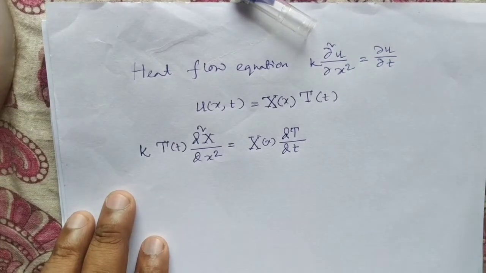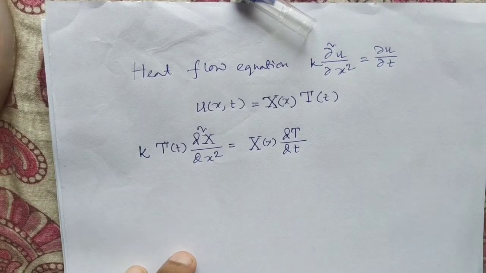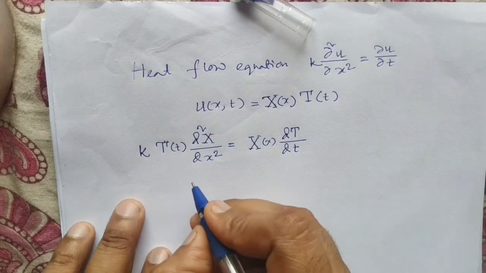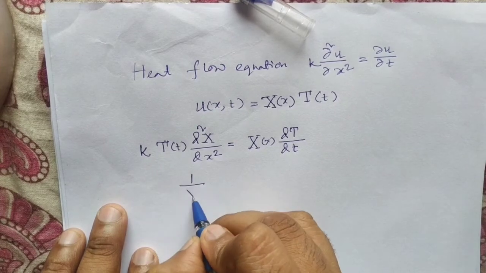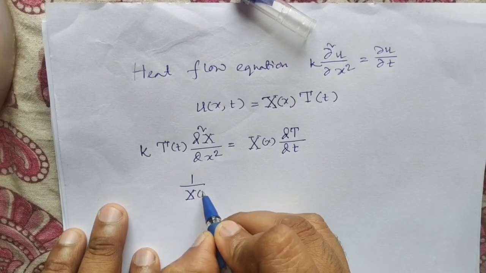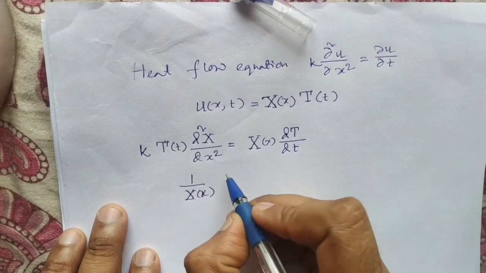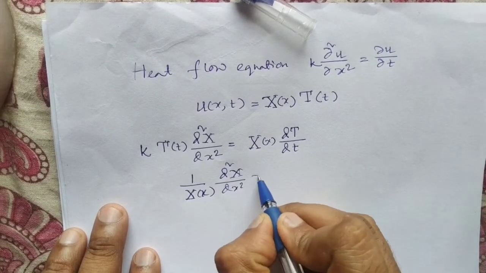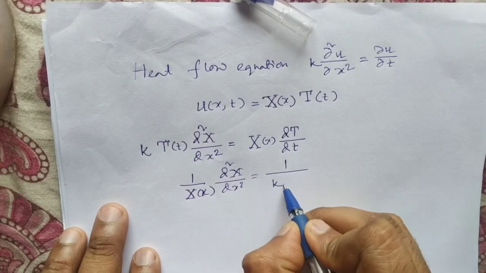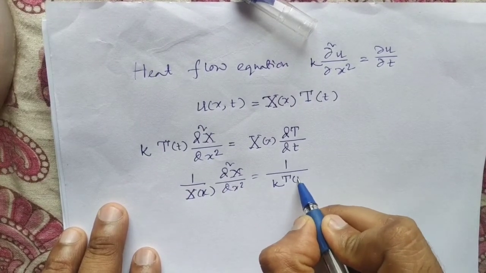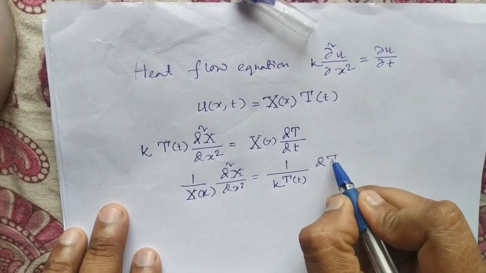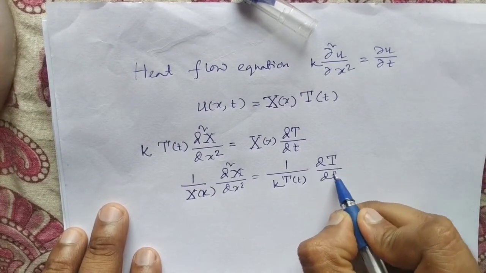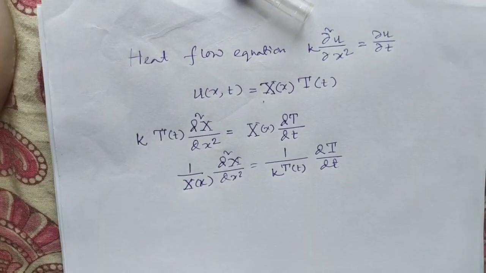If we take all the x on the same side, what will we get? We have 1 over X(x) times d2X/dx2 is equal to 1 over kappa T(t) times dT/dt.